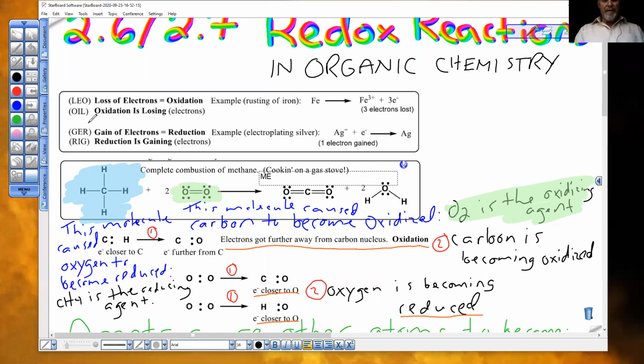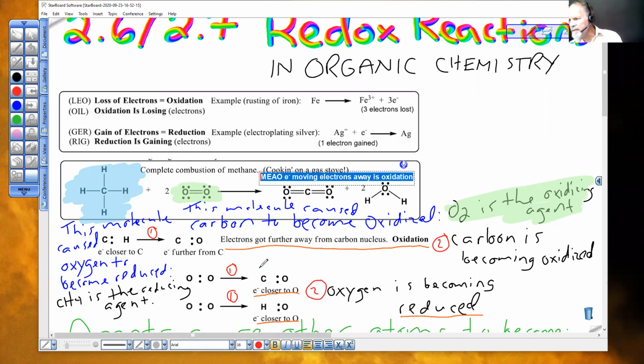Moving electrons away is oxidation. Our symbol for electrons is e with a superscript minus, and there we go, bold and red.